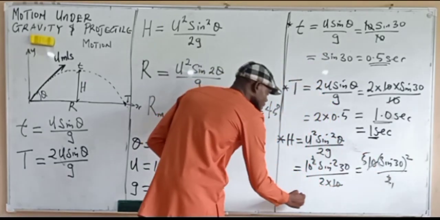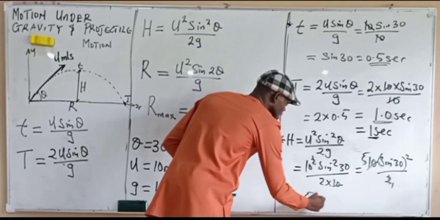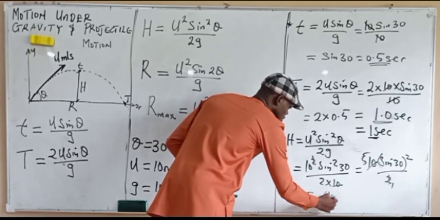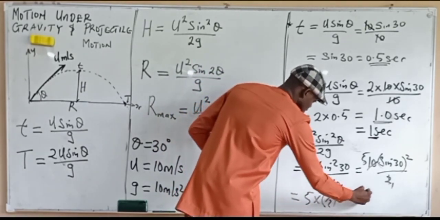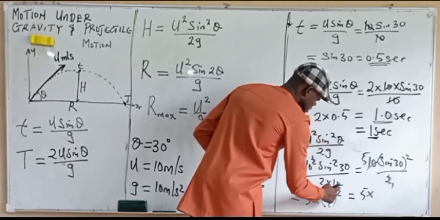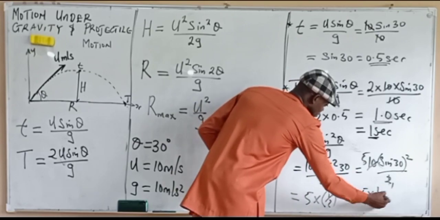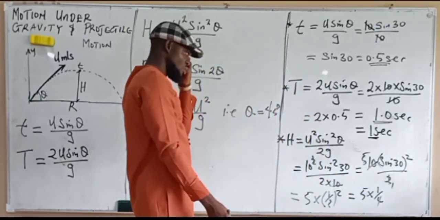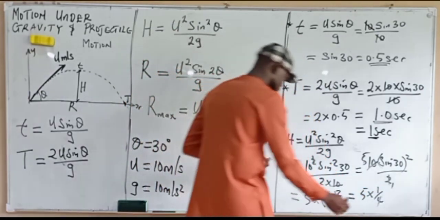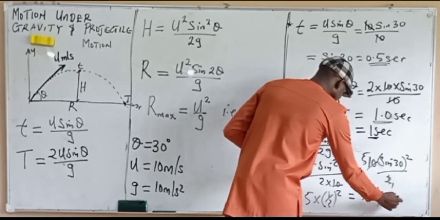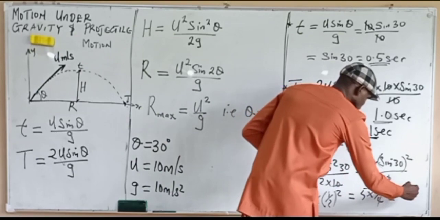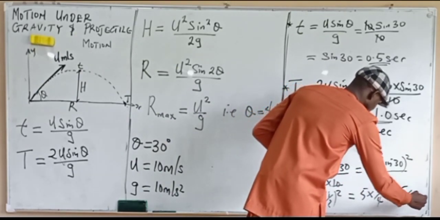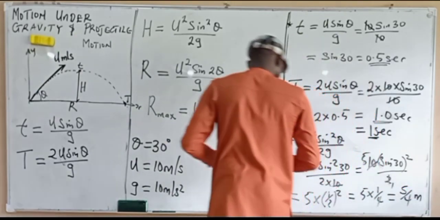So we're going to have 5 times sine 30, which is 1 over 2, which is half, squared. That will give us 5 times 1 square is 1, then 1 over 4. 5 times 1 over 4. So the maximum height attained by this body will be 5 over 4 meters.